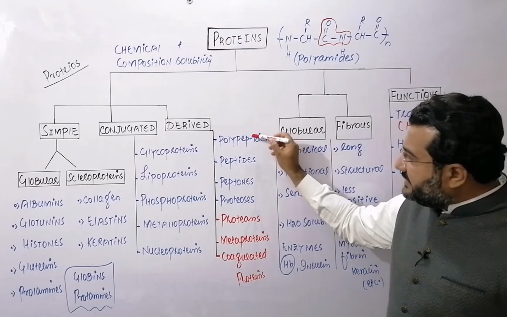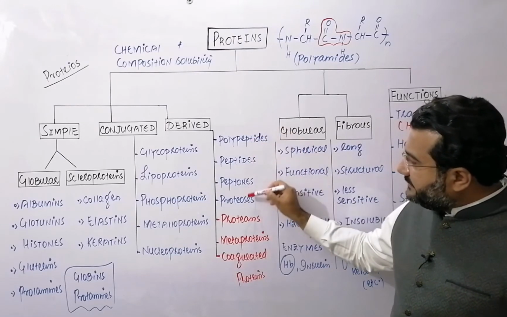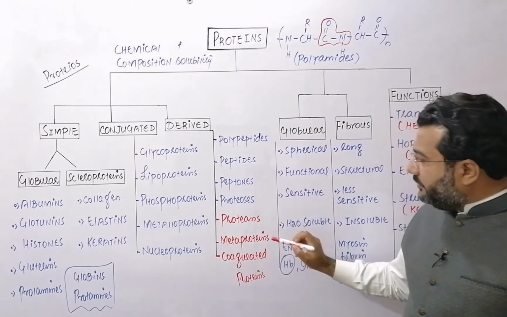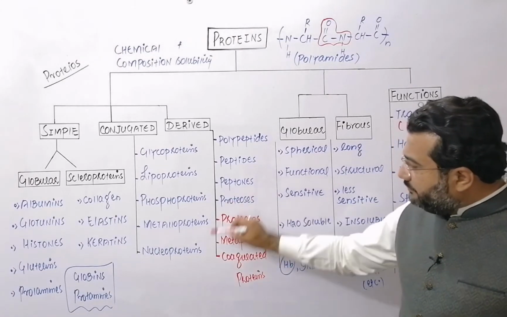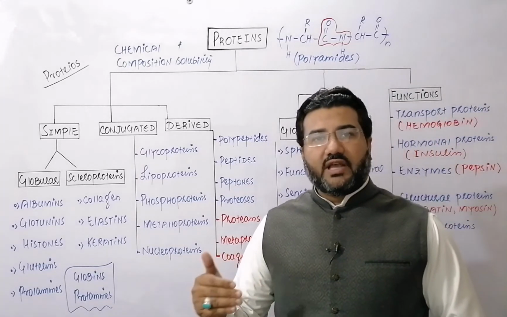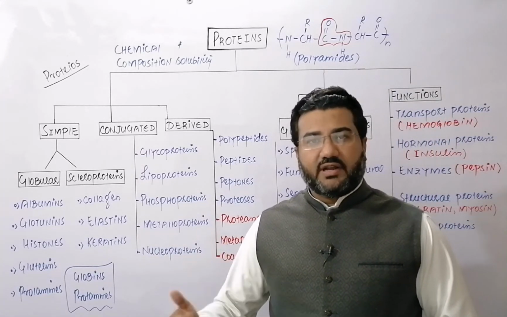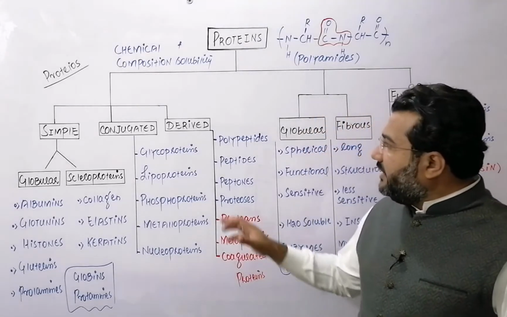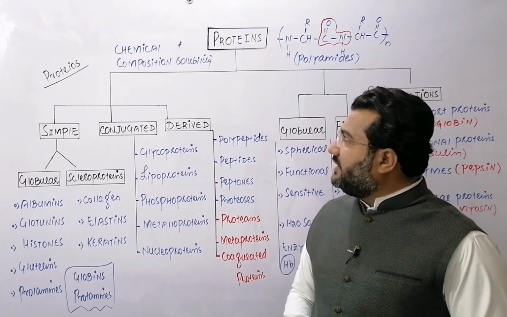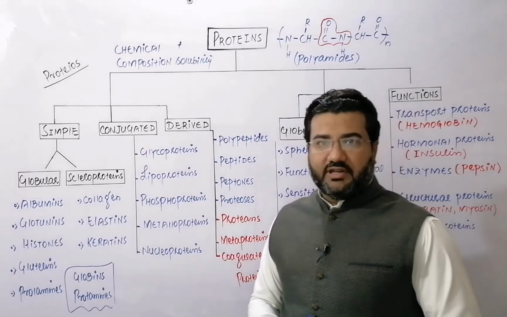Actually, these are the secondary derived proteins. And proteans, metaproteins, coagulated proteins are the primary derived proteins. So derived proteins are again of two types, the secondary and the primary derived proteins. Now my dear students, this classification of the protein was on the basis of their chemical composition and solubility.